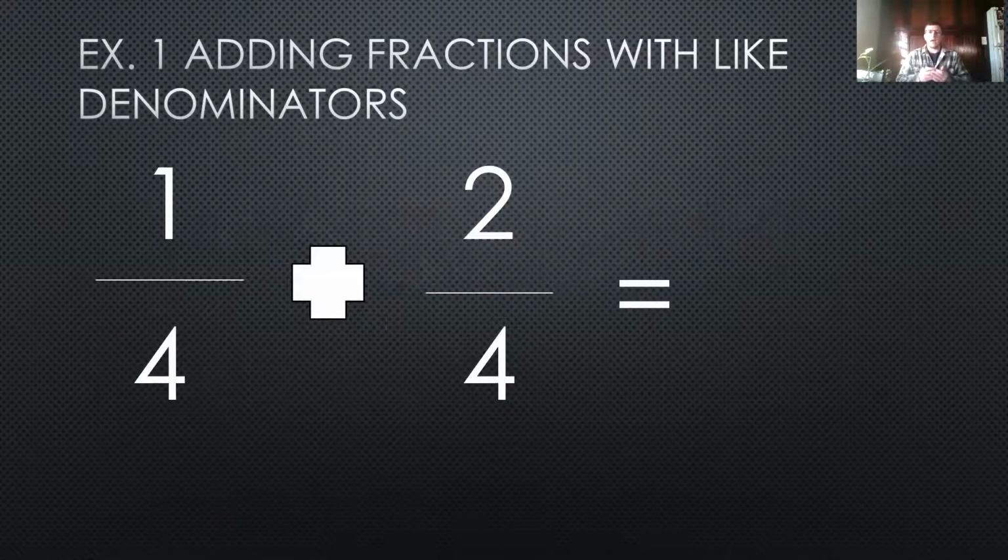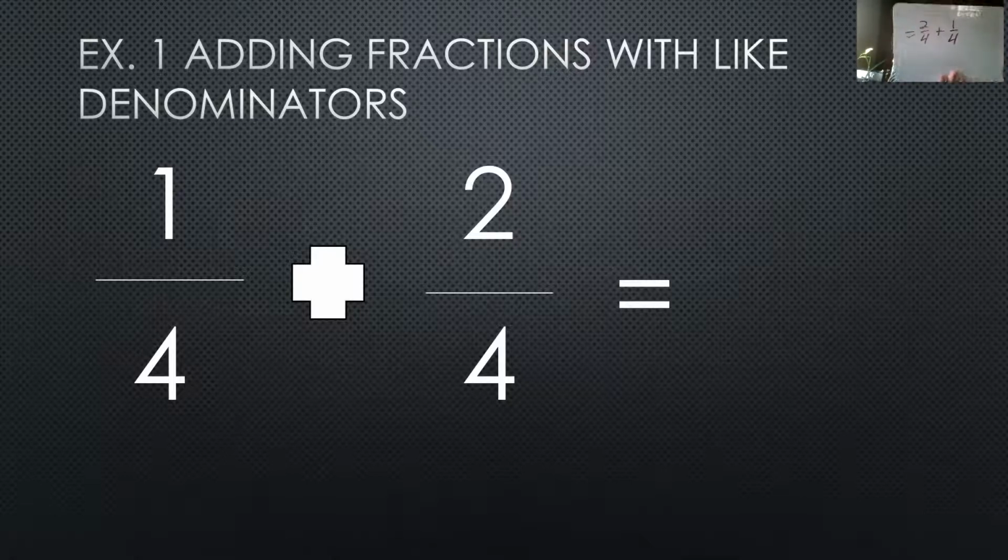So here we're going to be adding fractions with like denominators. So here we have 1/4 plus 2/4. That's what we got. So now we're going to focus on our denominator.